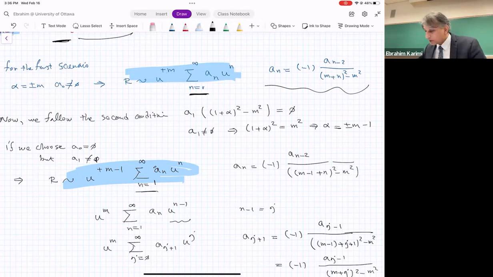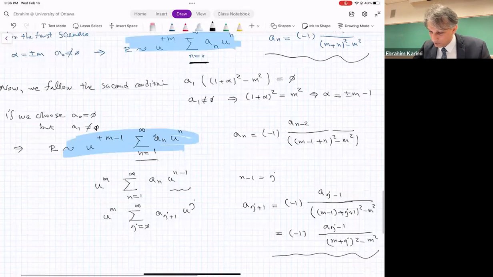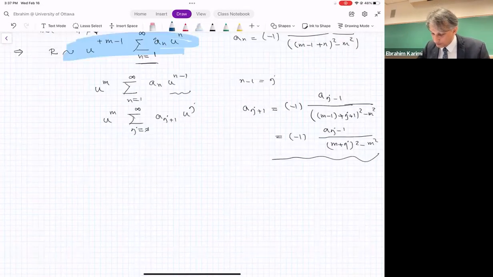Okay. So now, without loss of generality, I will start with even powers. So I will go with the case that a0 is not equal to 0, but alpha is equal to plus or minus m. So now this is the solution that I obtained.